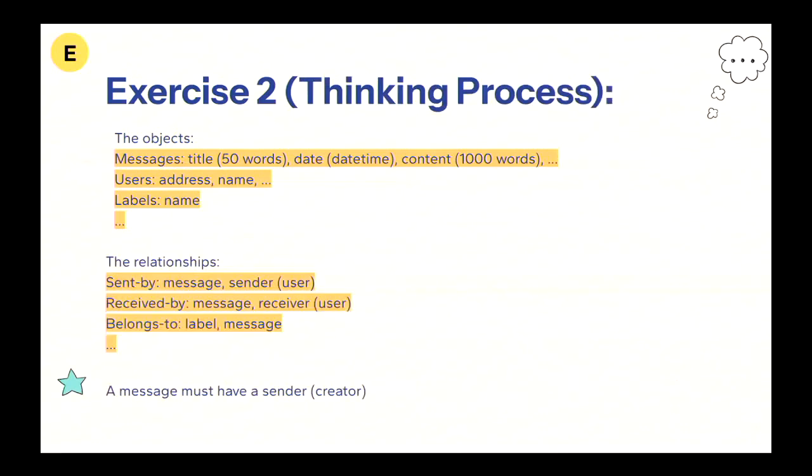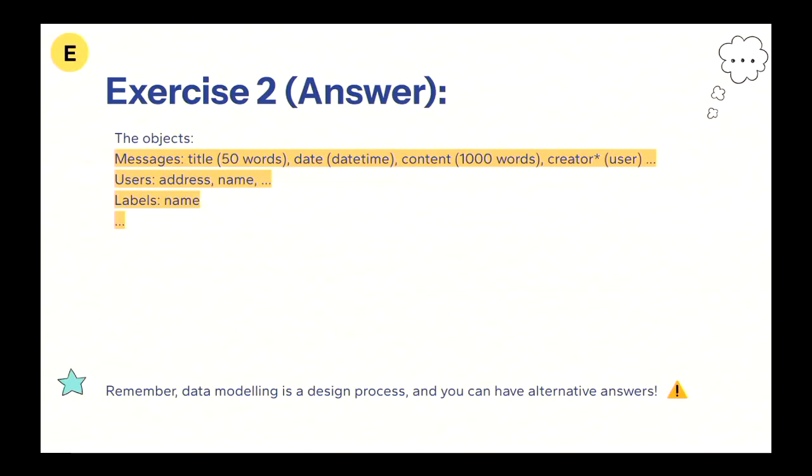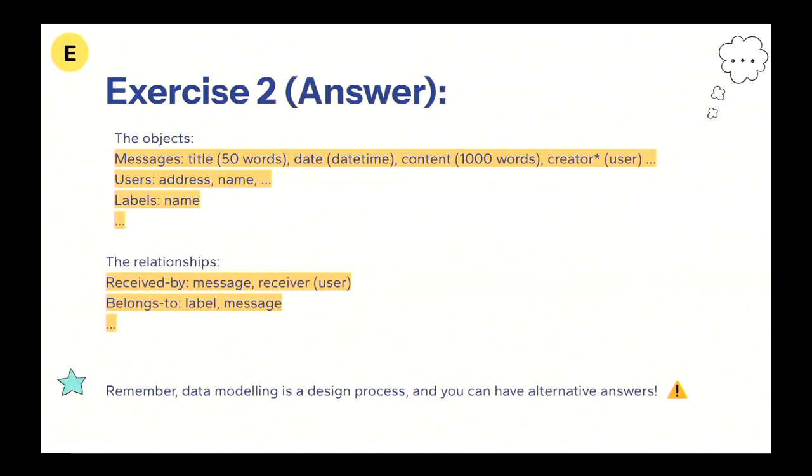So this is a process of optimizing the user, the sent by relationship, into the creator of the message. Because a message must have a creator to live in the system. So this is how we can optimize this design.